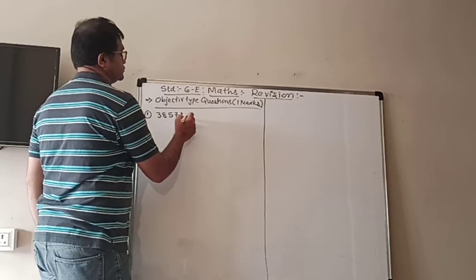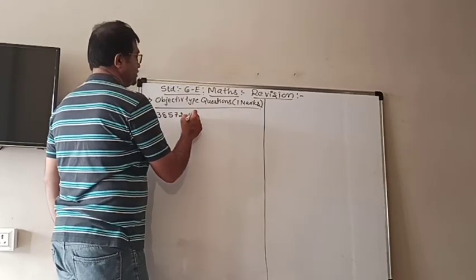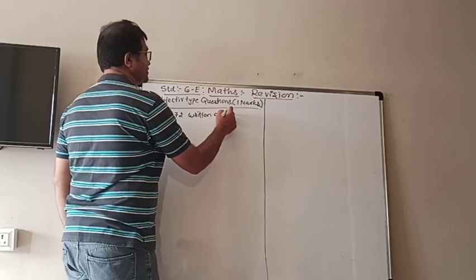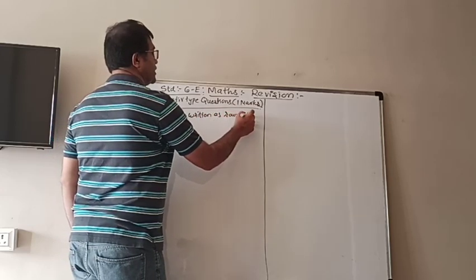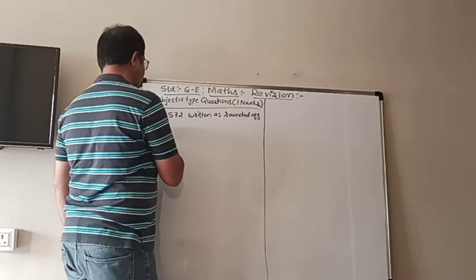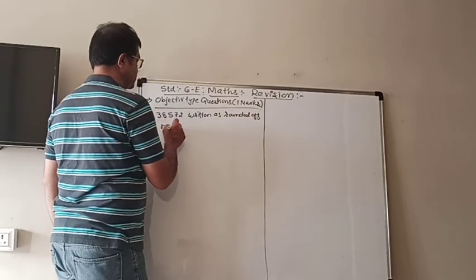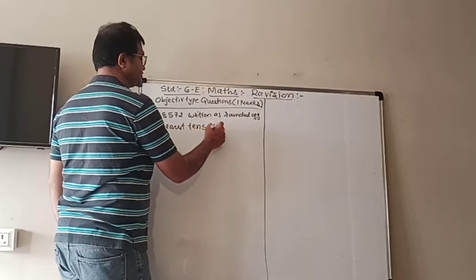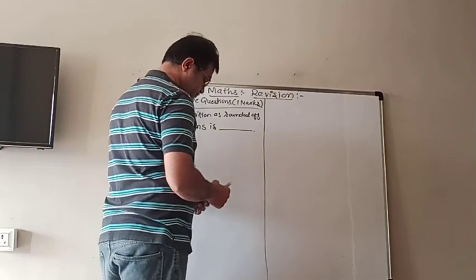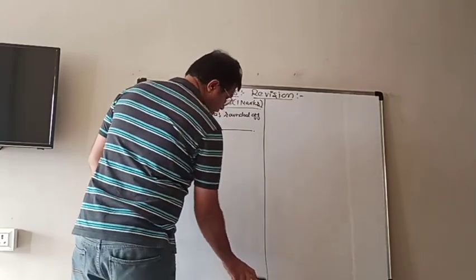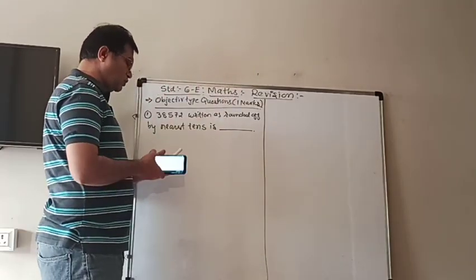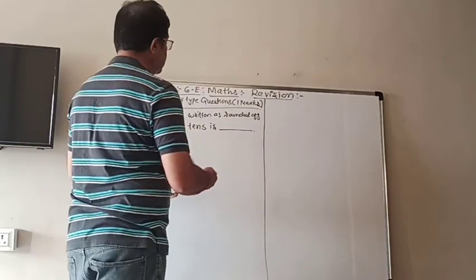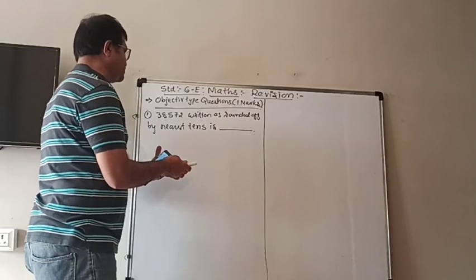38572 rounded off by nearest tens is blank. Now here, as you know, nearest tens. When you want the nearest 10, what is the answer?